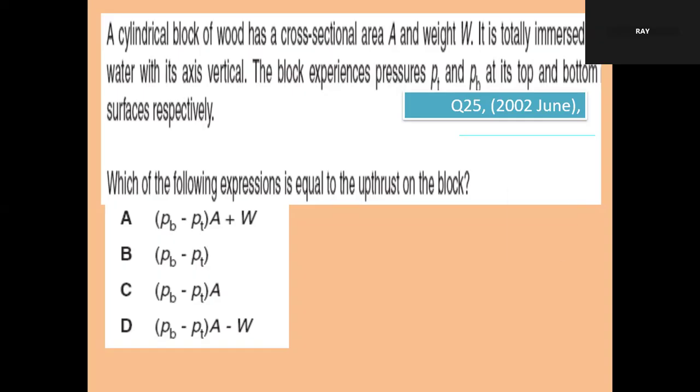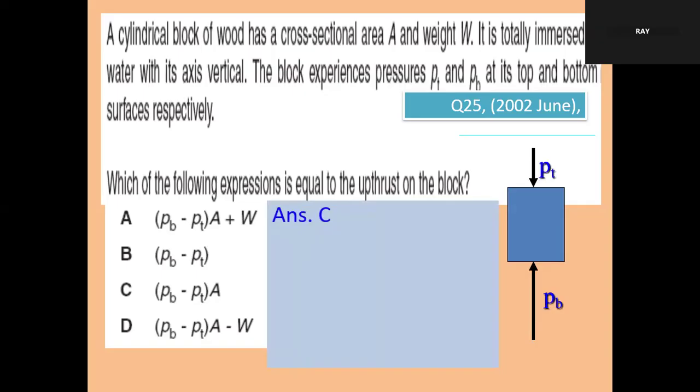You want upthrust only? D. No, C. D is the resultant force.